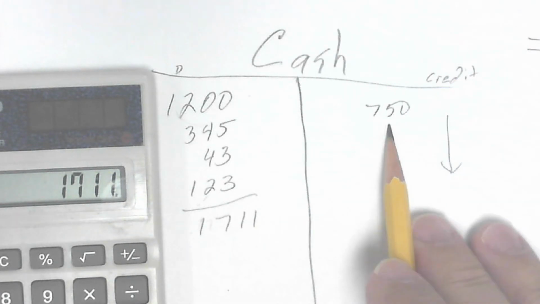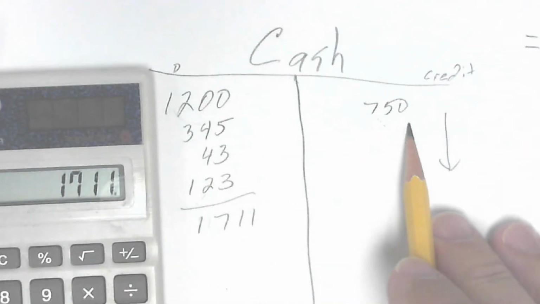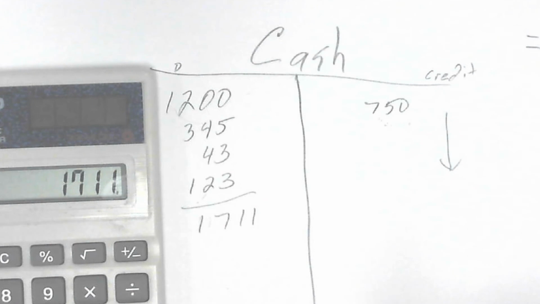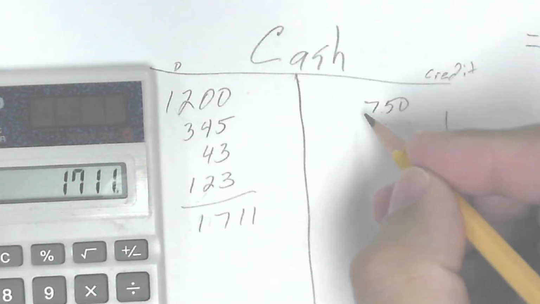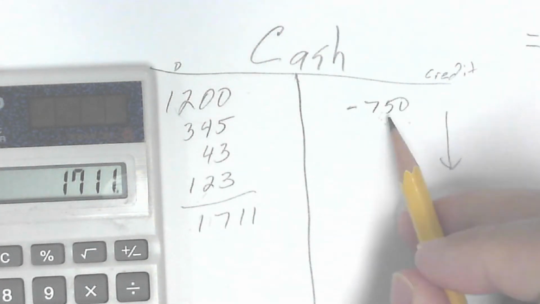So now we've got our credit. So this is a decreasing side, and we want to get the total of everything here. So we've got our decrease of 750. Something to help you out, put a minus sign here.